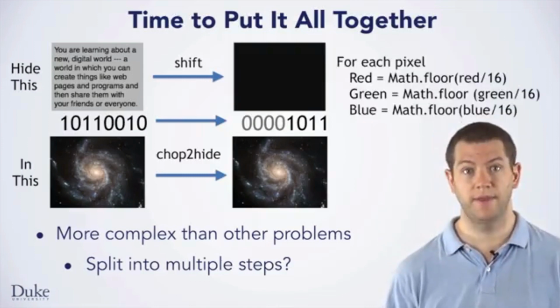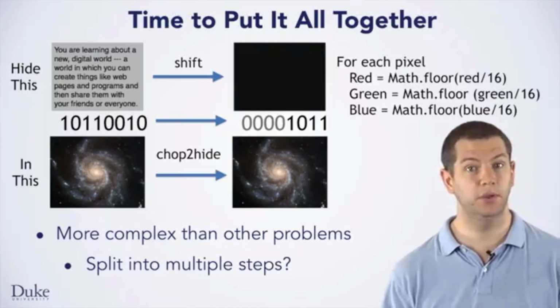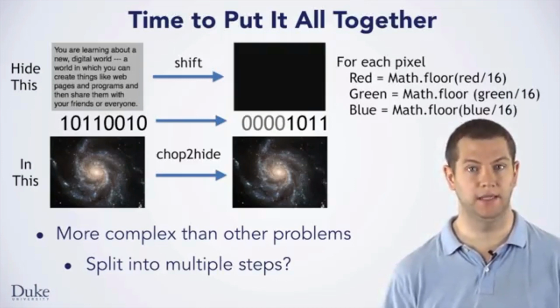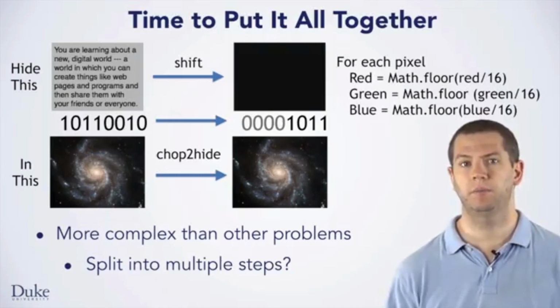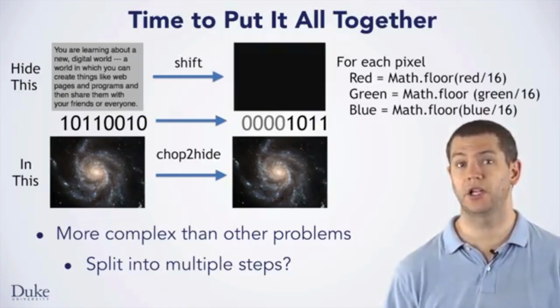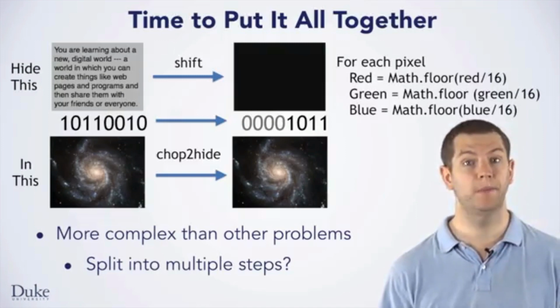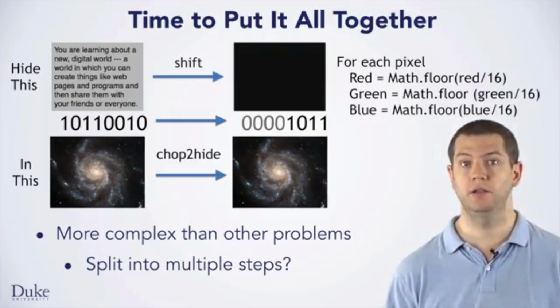The algorithm for this would be to iterate over each pixel and set the red, green, and blue to the math.floor of the original value divided by 16. If you looked at the resulting image here, it would look plain black. That is actually a great thing since all of the information is in the least significant bits and the most significant bits are supposed to be all 0. Again, you could test this separately before you move on.